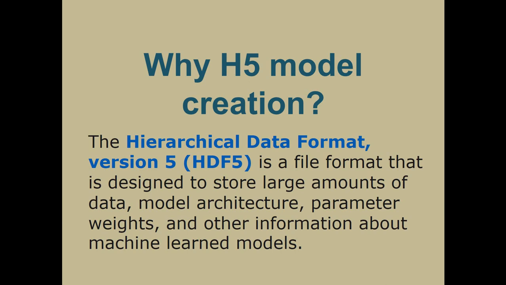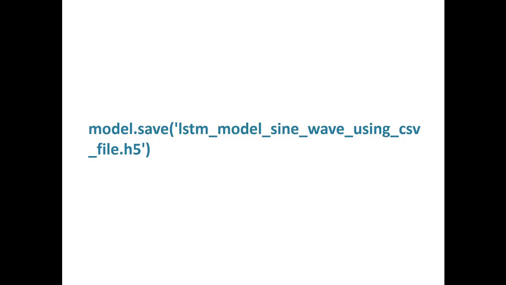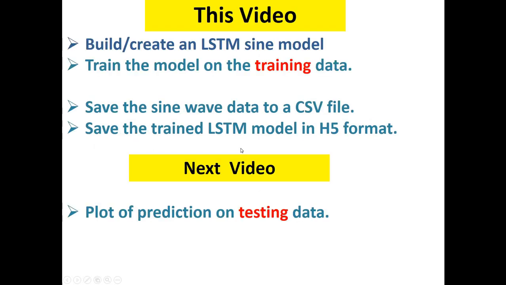So it also creates an H5 model in this video using the command model.save and .h5. In this video you covered how to build or create an LSTM sine model, how to train it, and save into a CSV file or save the model into an H5 format.